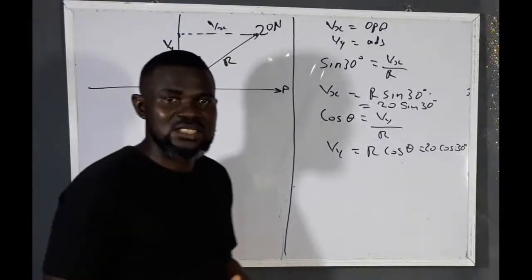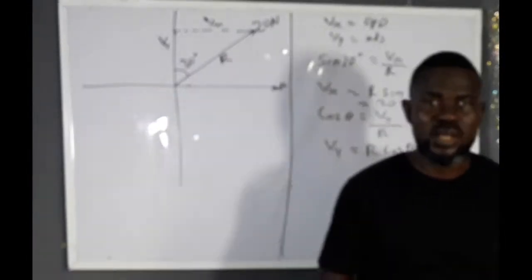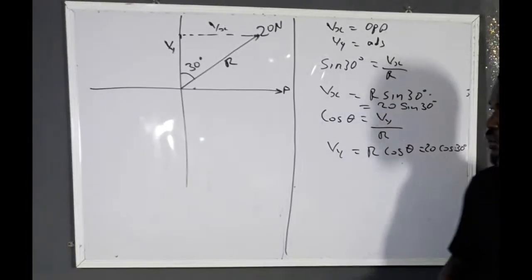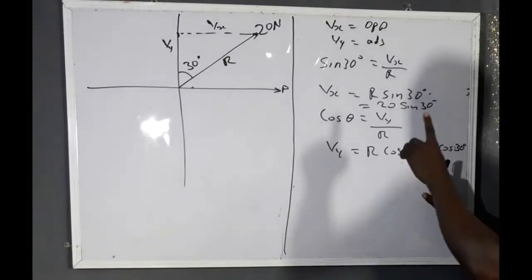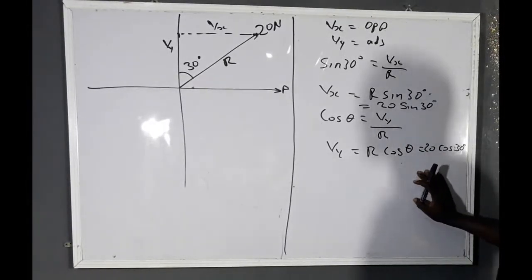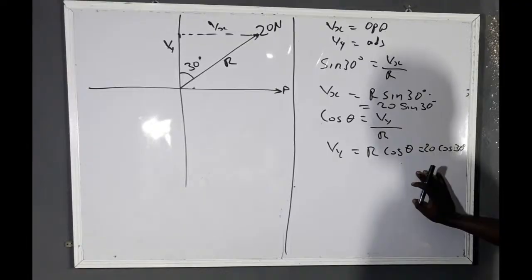Please take note, it is very often, maybe because of haste or because of lack of understanding, for students to begin to use the formula. Once the direction of the angle changes, we look at it differently.